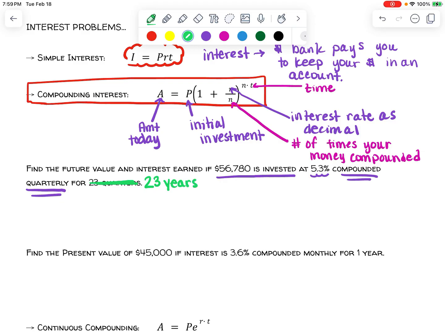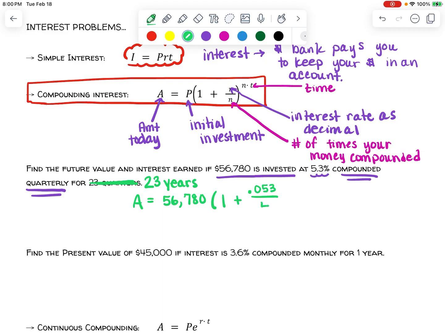Okay. So let's take a look at what this means. We want to calculate how much money you have in the account. When you have 56,780 that you're going to invest, you've got 1 plus the R, which is going to be 5.3%, or 0.053, over the number of times.